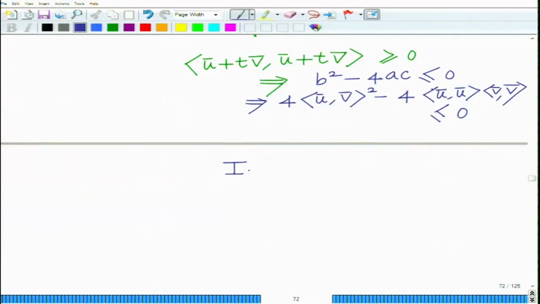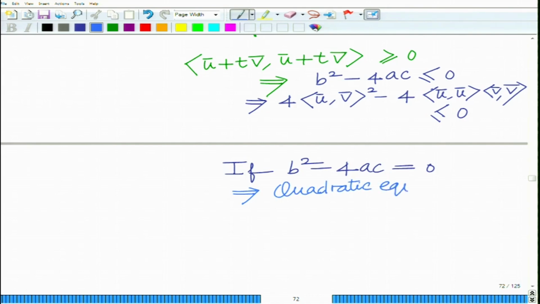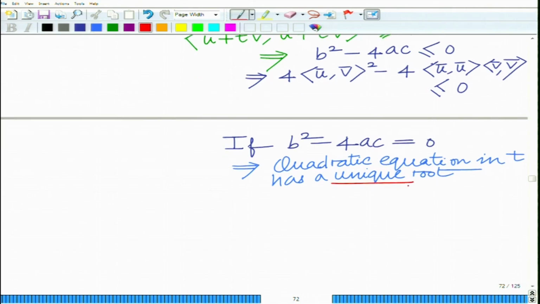Now, if the discriminant equals 0, this implies the quadratic equation in t has a unique root, okay, which implies that at that root, let us denote that by, let us say, t tilde, okay.